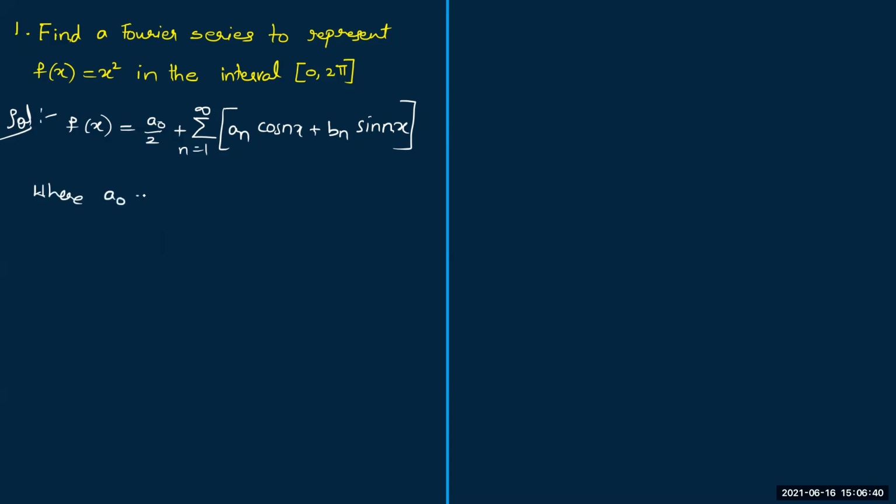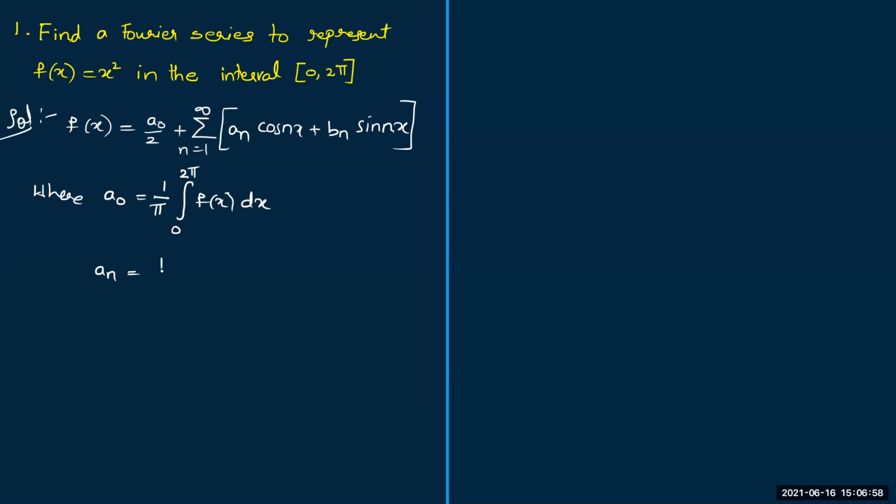Where a naught is equals to 1 by pi into, see the interval is now 0 to 2 pi. That's why I'm writing it as integration from 0 to 2 pi f of x into dx. And what is an?